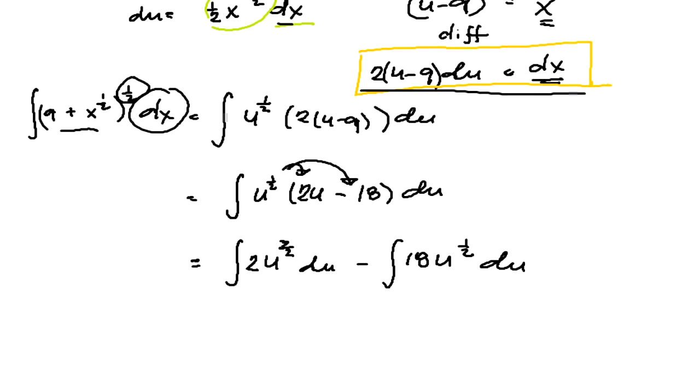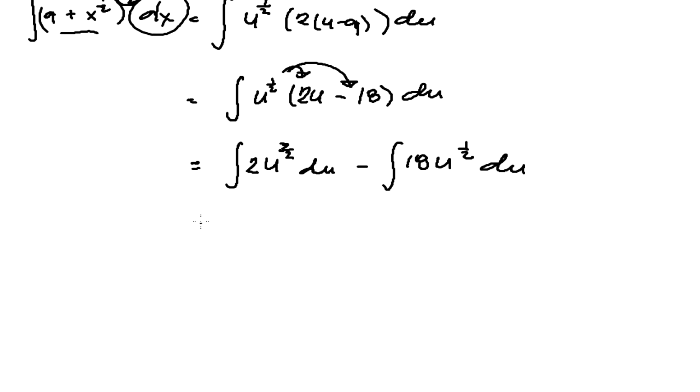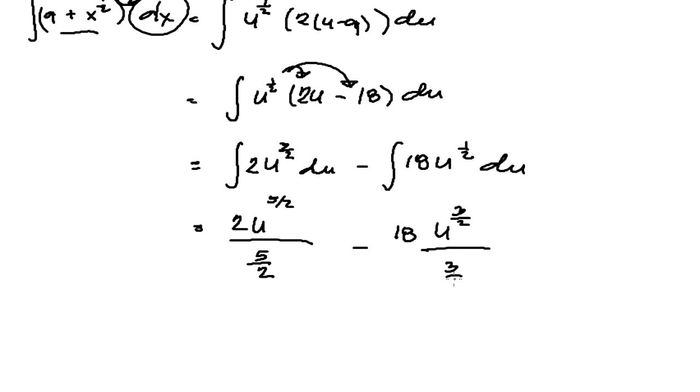Okay, so from here we can now easily perform the integration using the power formula. So we have 2 u to 3 halves plus 1, we have 5 halves, so this is all over 5 halves, minus 18 u to 1/2 plus 1, we have 3 halves, so all over 3 halves, and then our plus c.